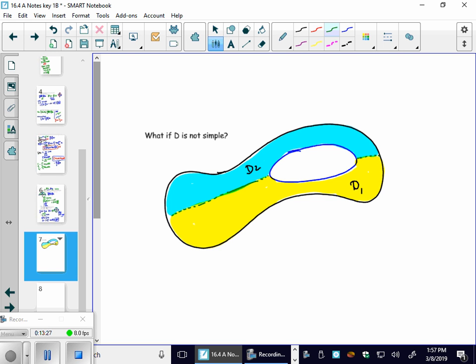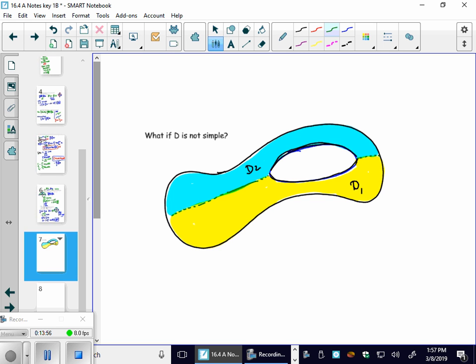So what you get by separating it by that green line in the middle there is 2 simple closed regions. If I look at just the D1, it's now a simple closed region. If I look at just the D2, it's also now a simple closed region. As a matter of fact, all of this is part of D1. All of this is part of D2.